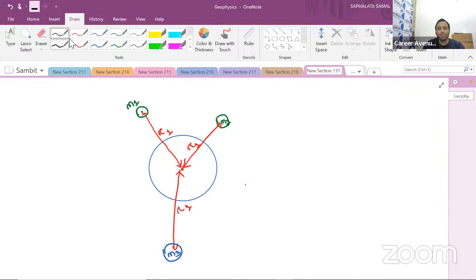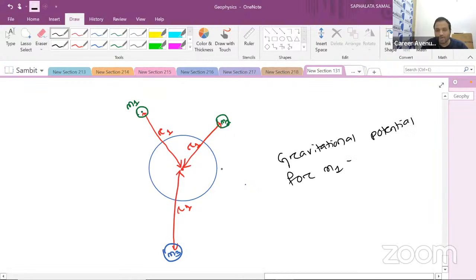Can you tell me what will be the gravitational potential for all three of them? Gravitational potential for m1 would be equal to how much?